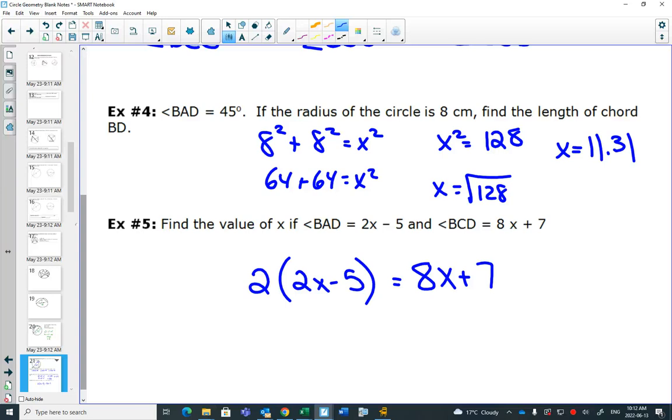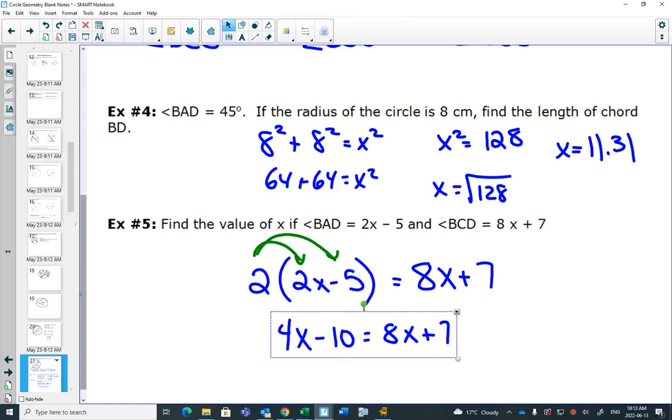What do you do with the 2 in front of brackets? You distribute. The distribute means the 2 multiplies this one and the 2 multiplies this one. That will give us 4x minus 10 equals 8x plus 7. How do we solve an equation? You have to do the same to both sides, and we want to put our like terms together. So in this case, I have an 8x and a 4x. I would probably move my x's to the right, so I could subtract 4x on both sides.